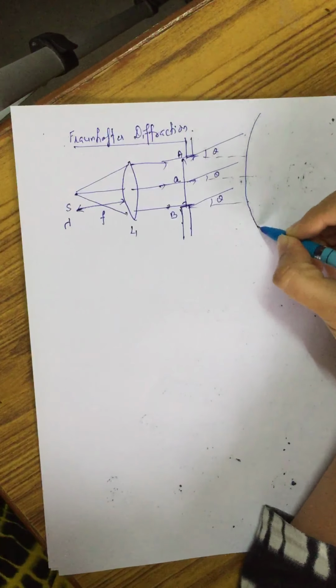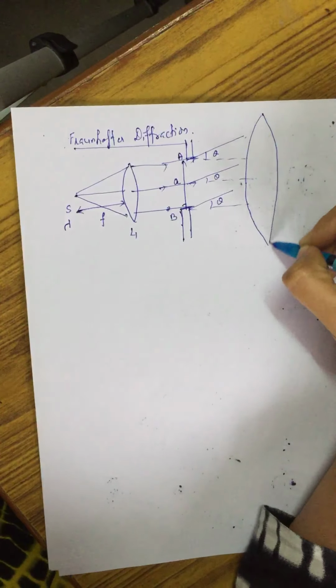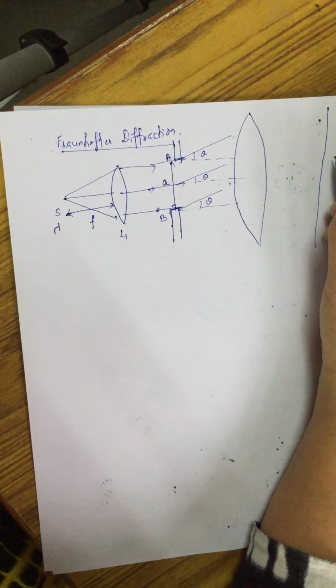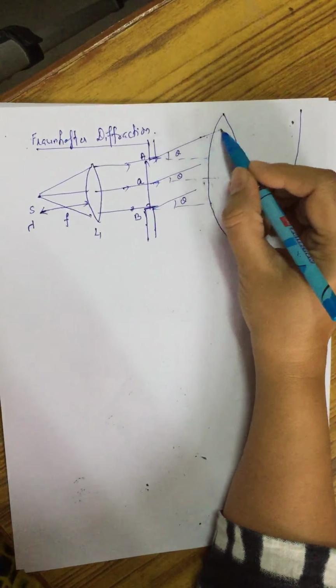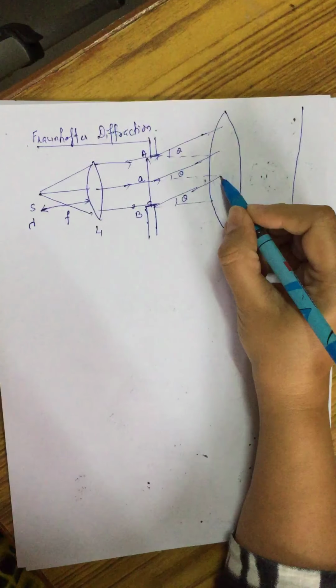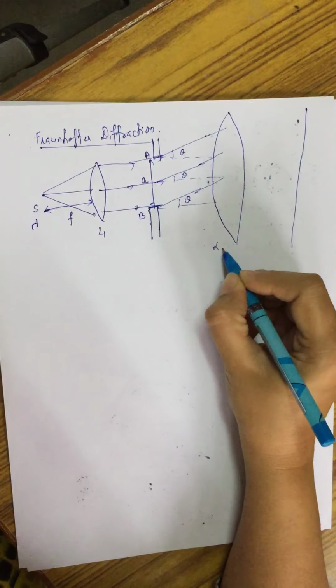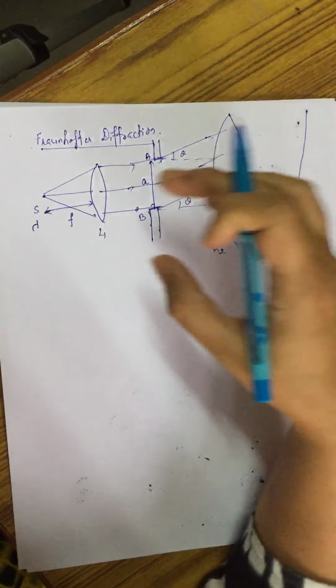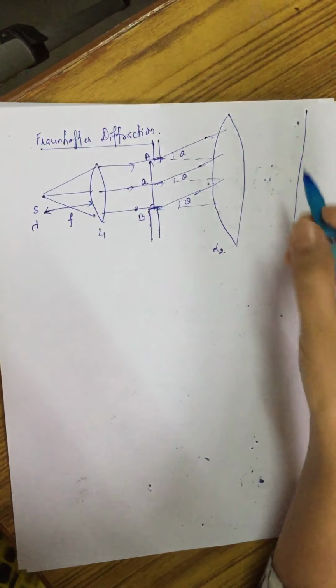we obtain a diffraction pattern on the screen, and to obtain the diffraction pattern on the screen we have to converge these parallel rays with another convex lens of large aperture area as compared to the first lens.